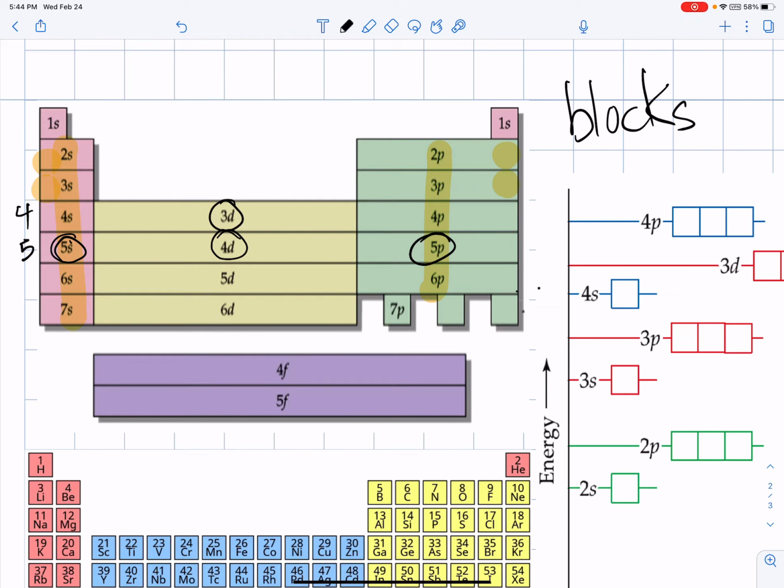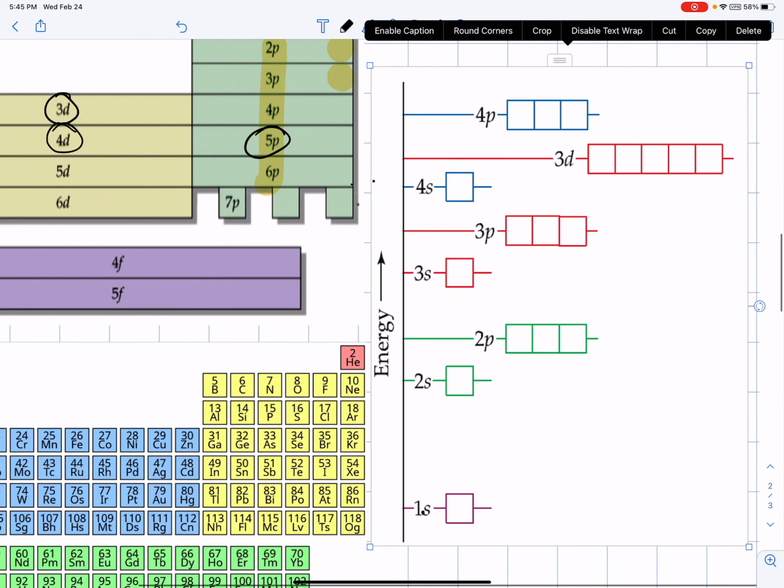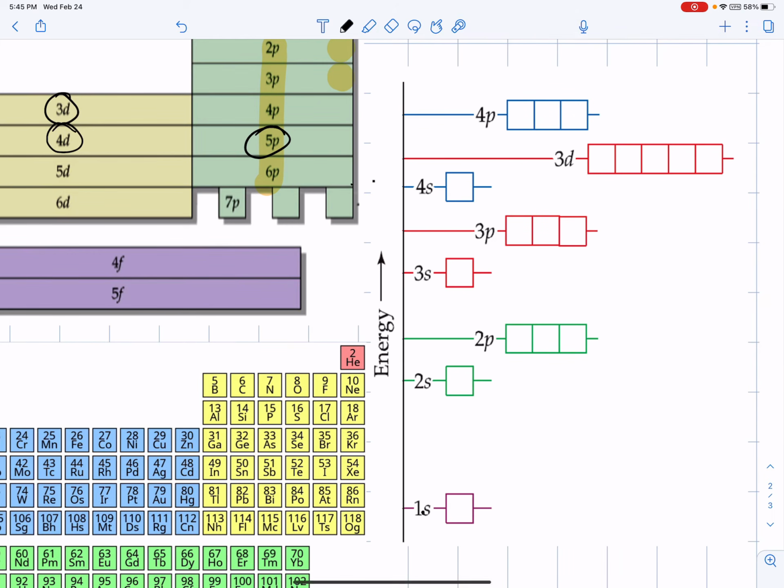So you'll notice that when you're in the D block, the element is filling up the energy level 1 less than the row that it's in. In the 4th row, it's the 3d that's being filled up. In the 5th row, it's the 4d that's being filled up. So notice that pattern.